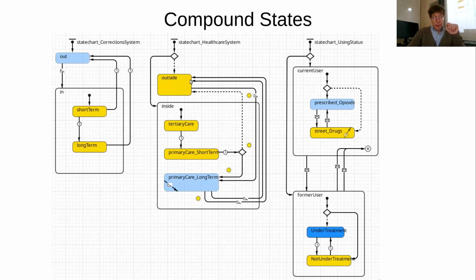So I'm outside the healthcare system right now. I'm not in a residential or overnight capacity in any one place, but I could be placed in long-term care. And here we might distinguish a transition into this specific state.